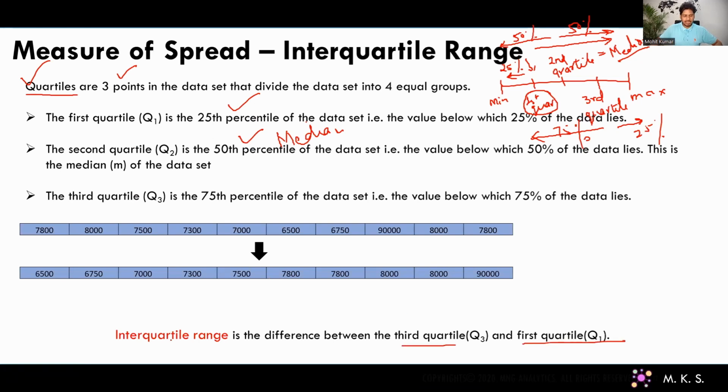Generally we write the interquartile range as IQR. It's the value of the third quartile minus the first quartile. So that is your IQR, interquartile range.